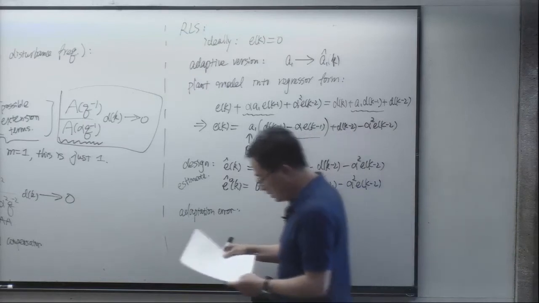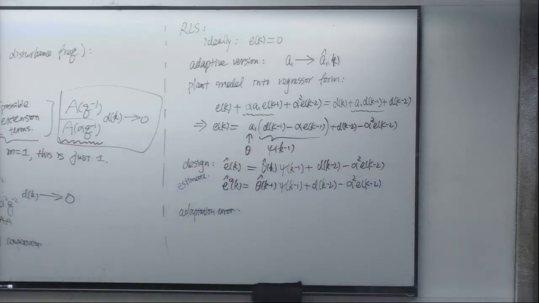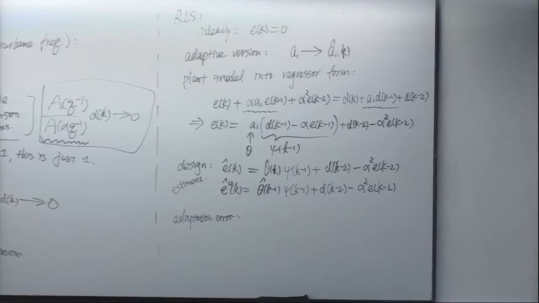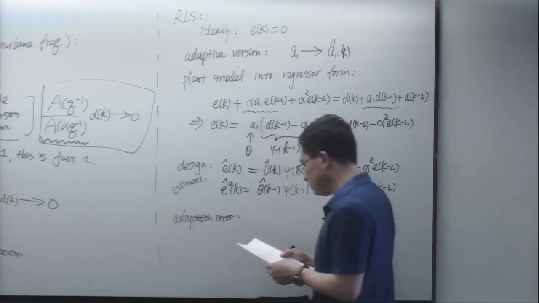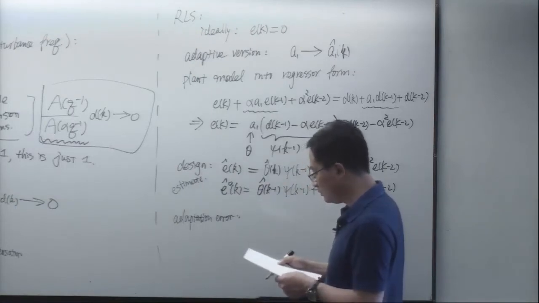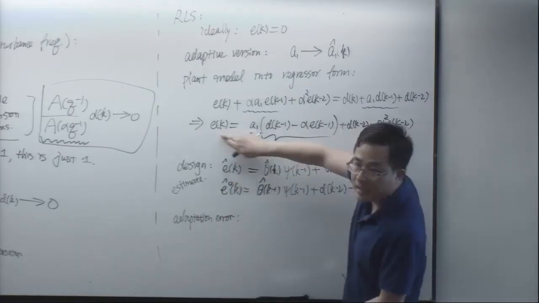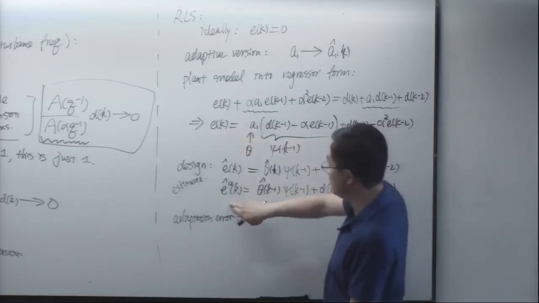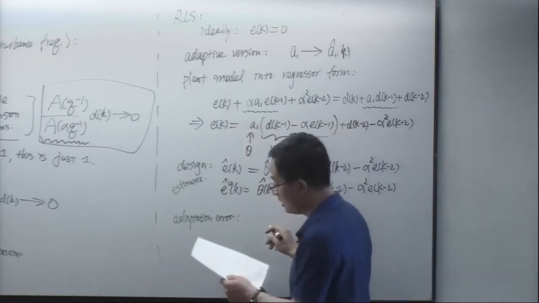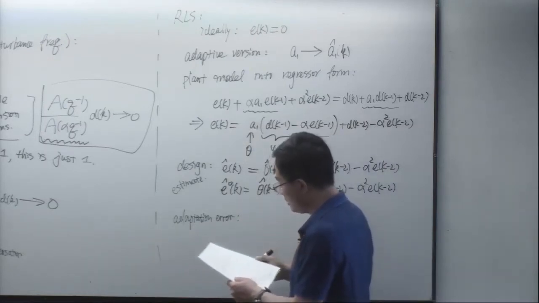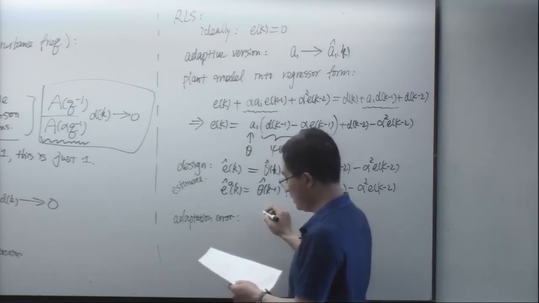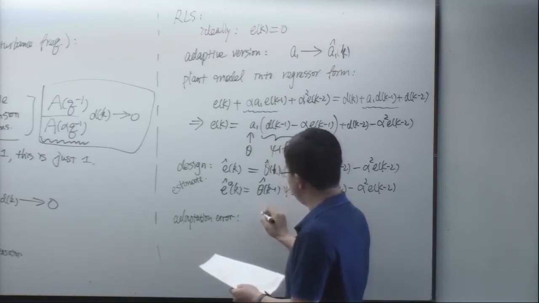So in our notation in the class, the way we define the error is the actual minus the estimated. So the signs actually matter over here. Let's call the adaptation error epsilon.